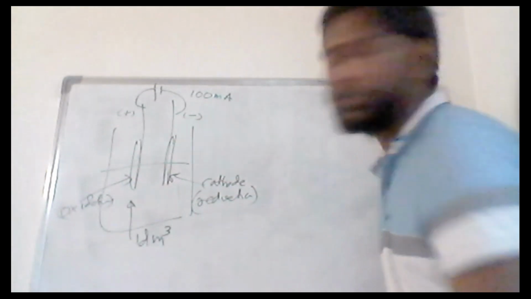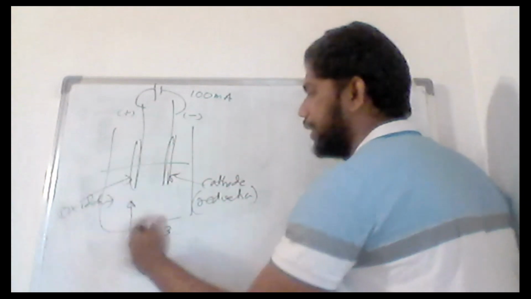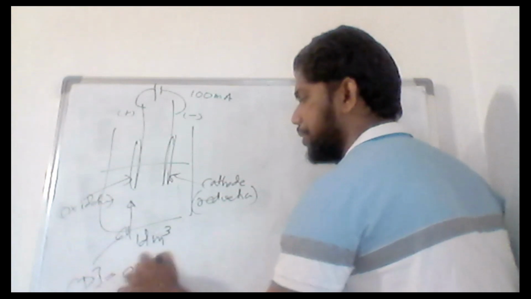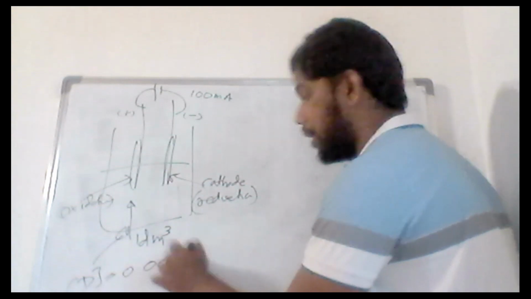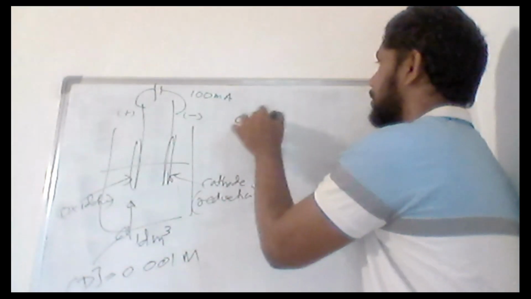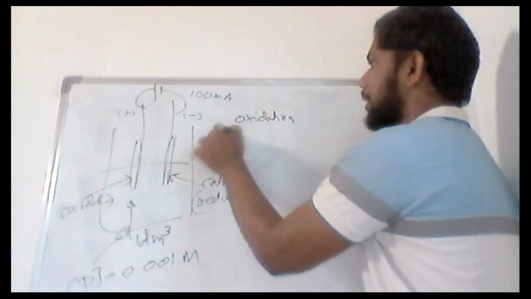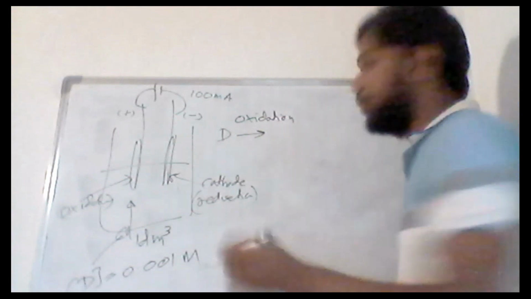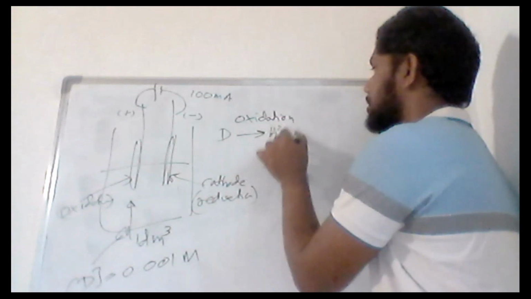So you know the 1 dm³, and you know the concentration of D here is 0.001 M. And the oxidation process is given, that is D going to A2+ plus B and 2 electrons. I will not put the physical states here, but you need to know those things.